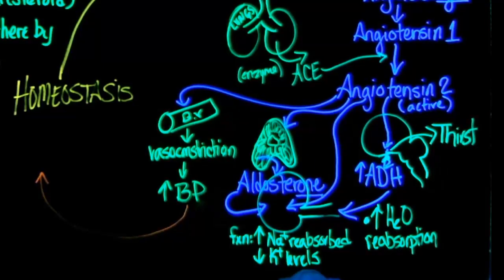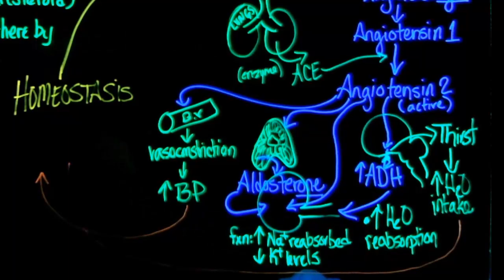So thirst is yet another side effect of angiotensin 2. And when thirst is there, that's going to drive up our water intake. When you are thirsty, we drink more. The combined action of being thirsty, if we increase water intake, will increase the blood volume.